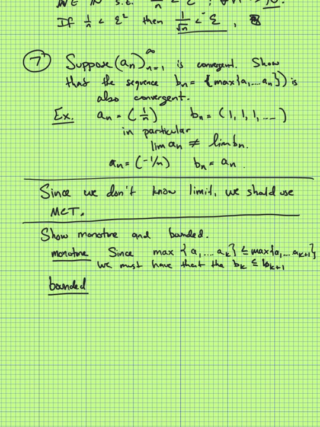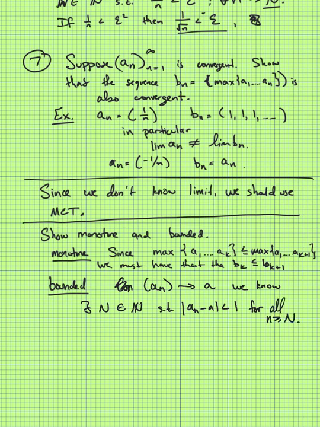And now for bounded, well, what do we have to show? Well, we know that convergent sequences are bounded. So maybe I'll just do this again. So a_n approaches a, okay? So we know there is some N in the naturals so that |a_n minus a| is less than, say, 1 for all n bigger than N. Okay, so I'm just choosing a very specific epsilon.